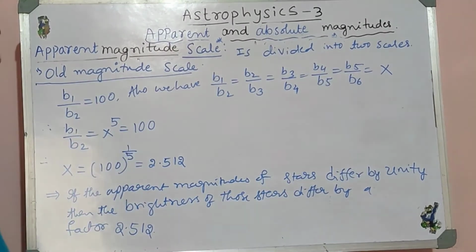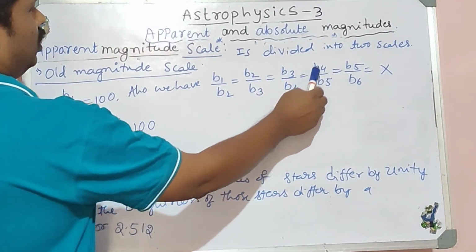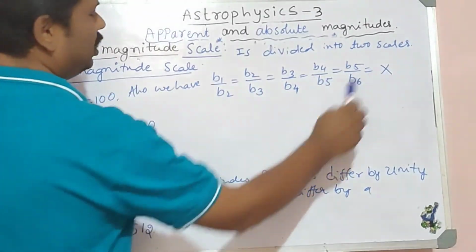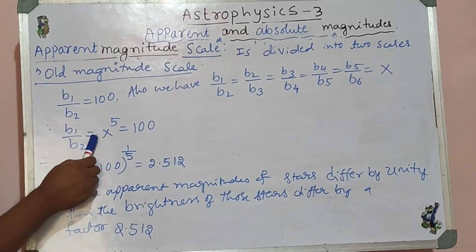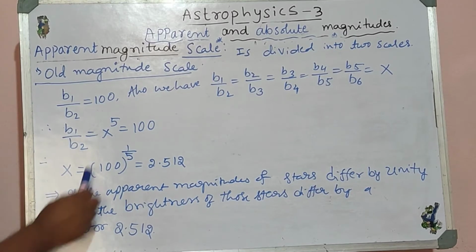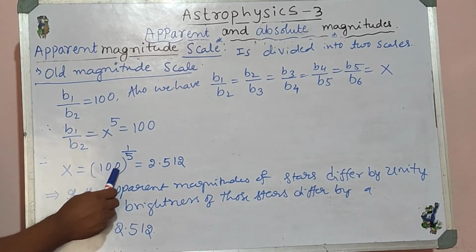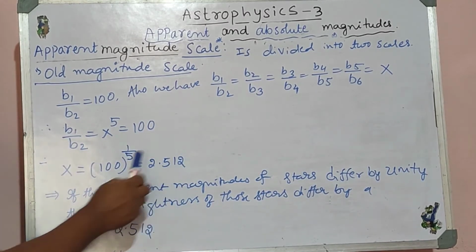Also, we have B1 divided by B2 is equal to B2 divided by B3 is equal to B3 divided by B4 is equal to B4 divided by B5 is equal to B5 divided by B6, taken as X. Therefore, B1 divided by B2 is equal to X to the power of 5, which is taken as 100 here. Therefore, by this relation, X is equal to 100 to the power of 1 divided by 5, that gives 2.512.